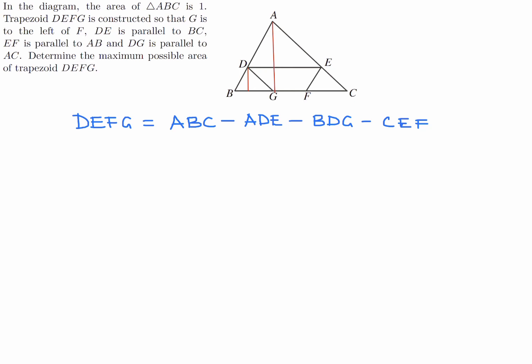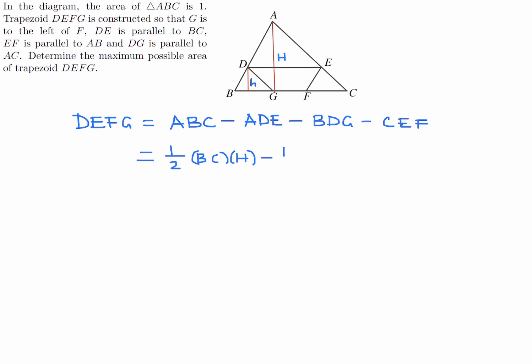And each of these will represent the height. So this will be my small h, and this will be my big H, like that. So here we go. ABC, the area is 1/2 base, which is BC all the way across, times height, which I have denoted as the big H.